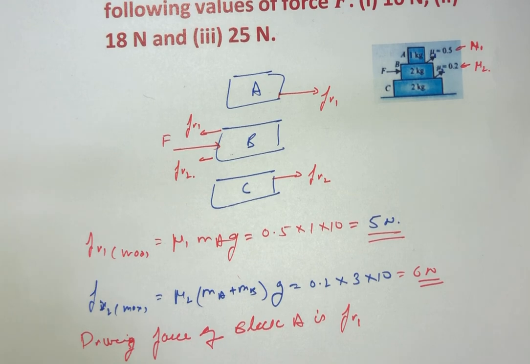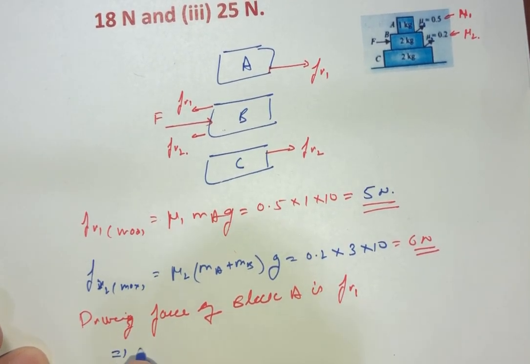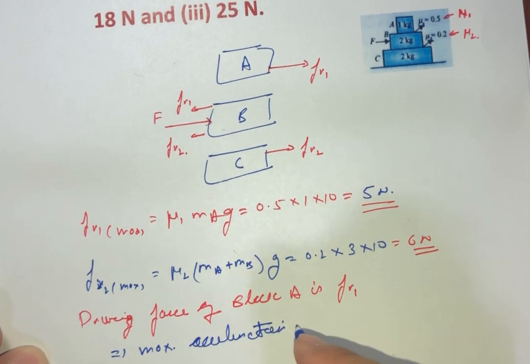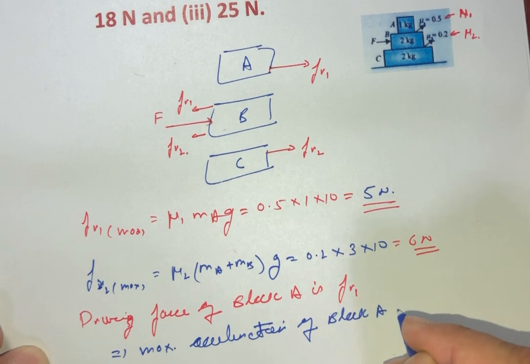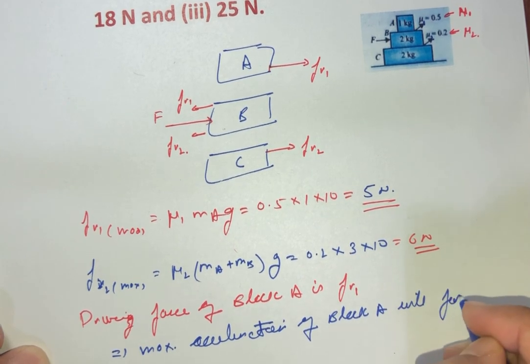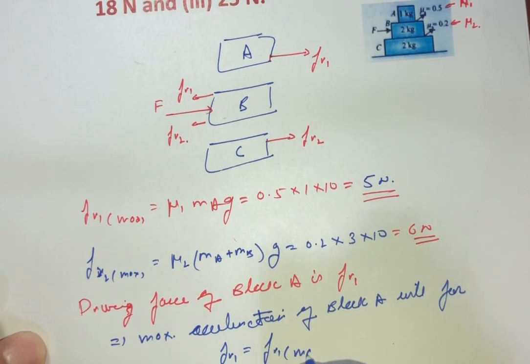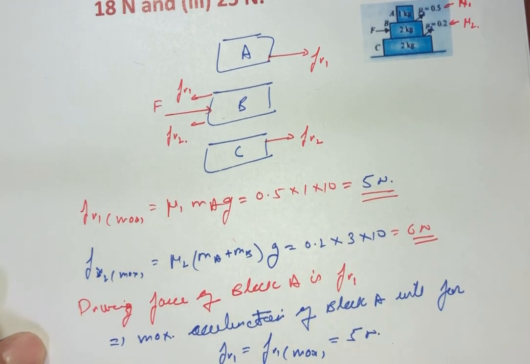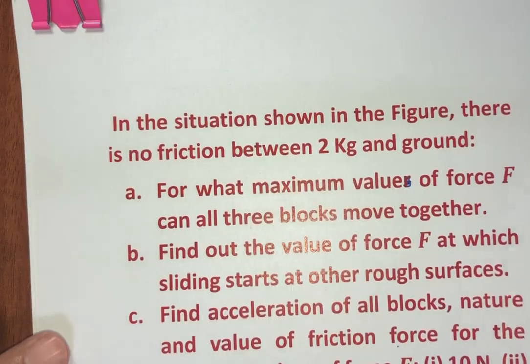The maximum acceleration of block A will be for Fr1 equal to Fr1 max, which is 5 Newtons.